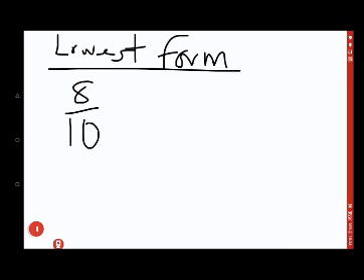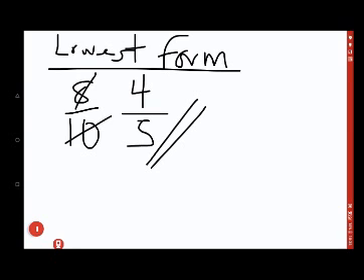So in this type, you need to reduce to the lowest form. So 2 goes into 8 is 4 times, and 2 goes into 10 is 5 times. So the lowest form is 4 over 5.